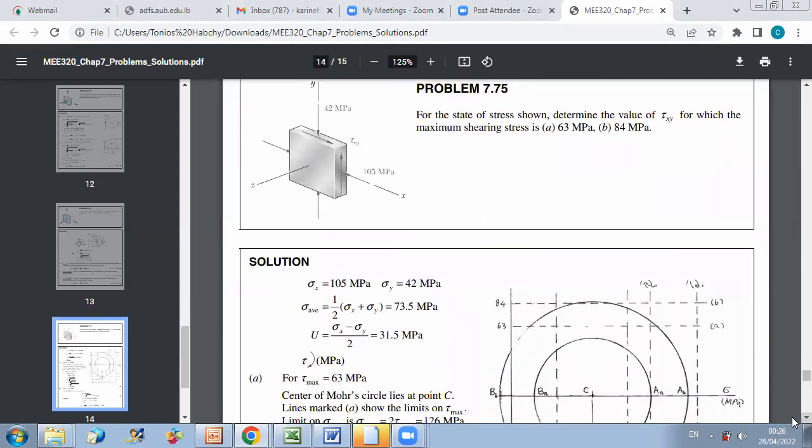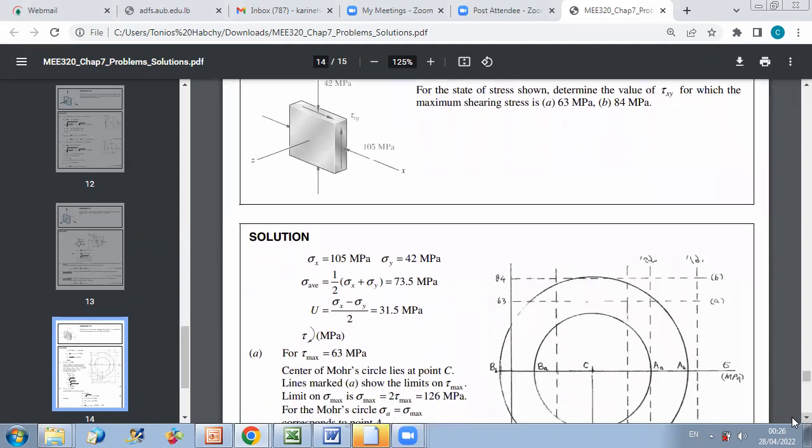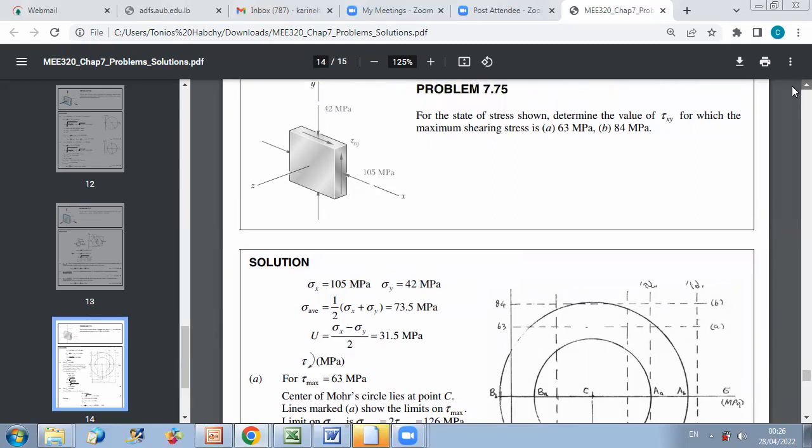Another problem: for the state of stress shown, determine the value of tau xy for which the maximum shearing stress is first 63 megapascal and second 84 megapascal. So again, the procedure will be first to look at the figure. From the figure given, we know the state of stress in plane xy.